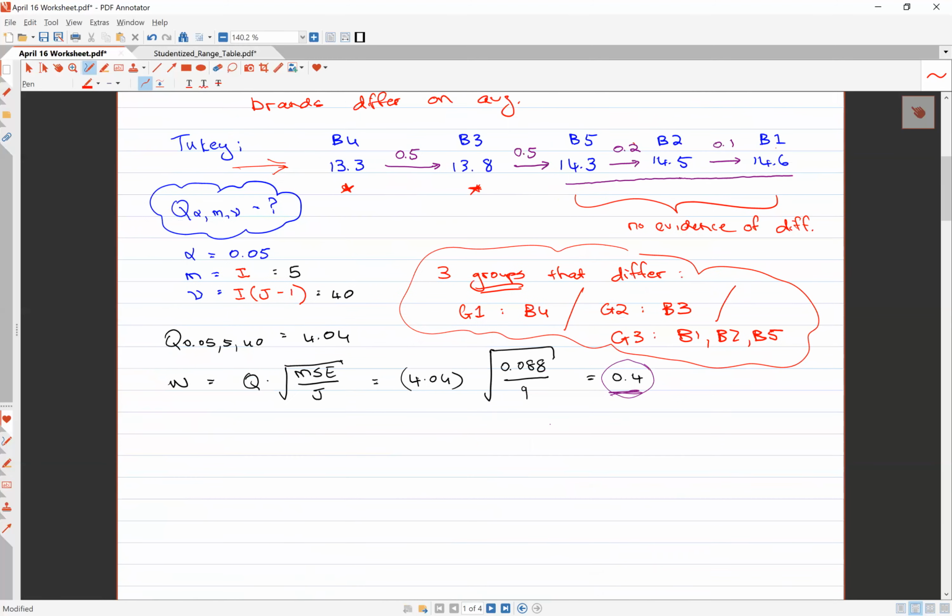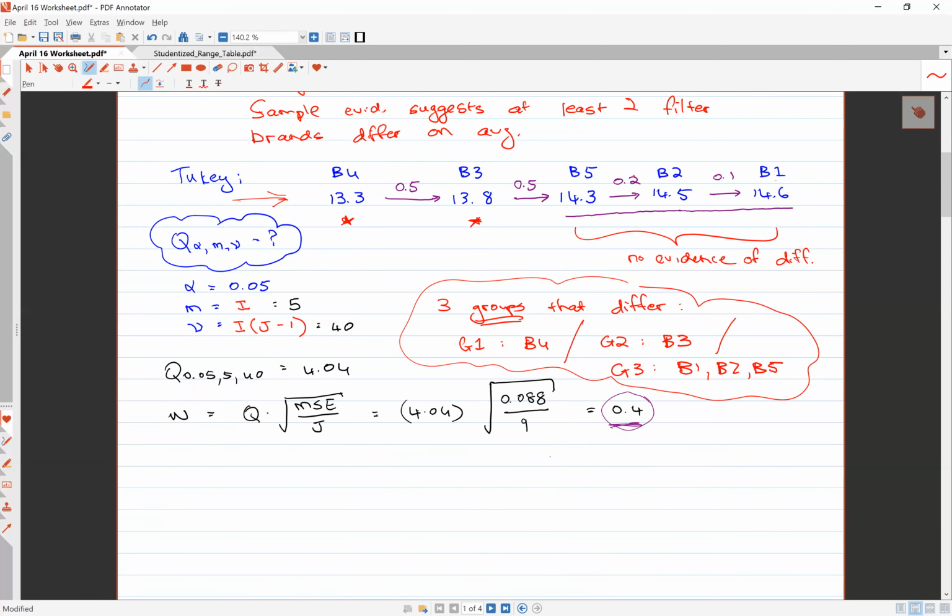Yeah, so your final answer for a problem like this will be something to the effect of either describing in a short paragraph which groups differ from one another, or creating that grouping.